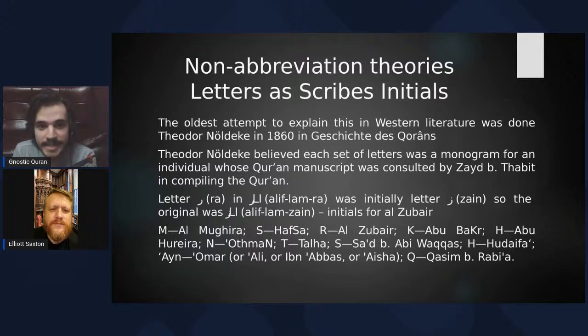You can defend this idea, this particular idea of the scribes' initials, with the idea that maybe the original names of the scribes were not exactly the same as the Abbasid historiography presents them. We don't have any material evidence for Abu Bakr, for Uthman, for Ali, basically nothing, not even coins minted in their name.